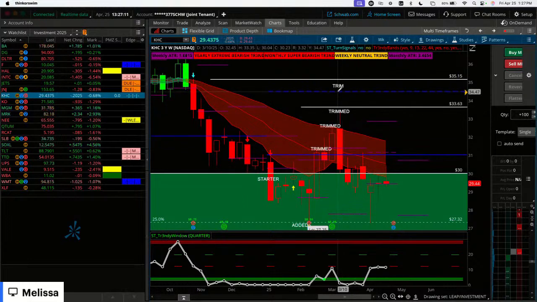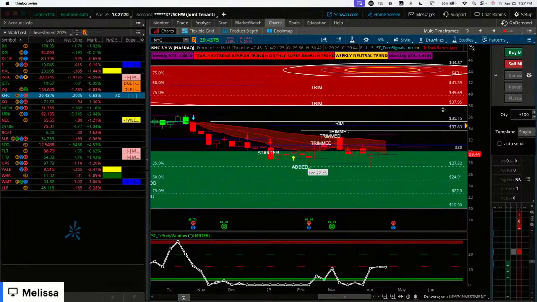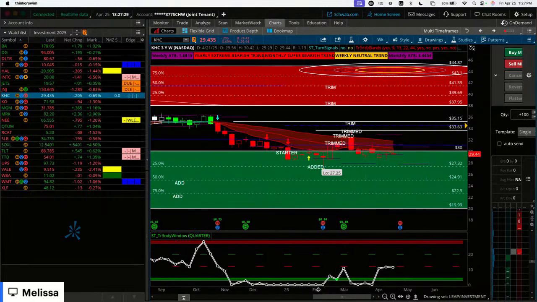The next trim comes in at 35.15. Ultimately targeting this red box, trimming at 38 and 41, and targeting 43 by 45. All right.